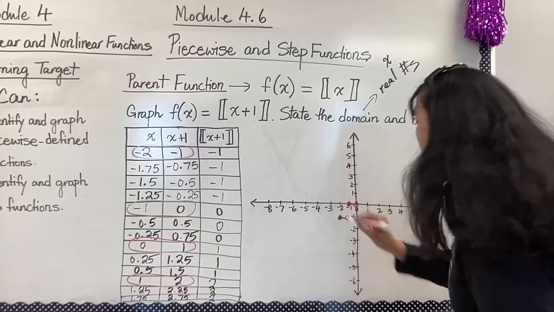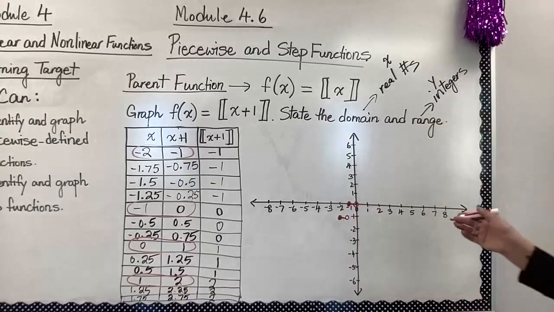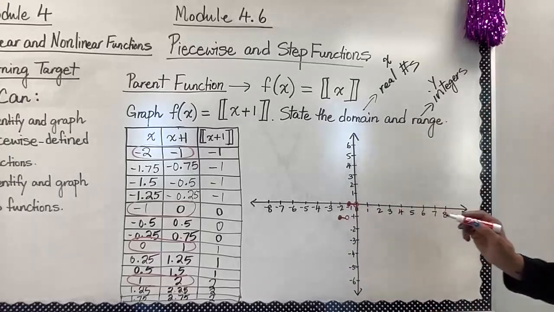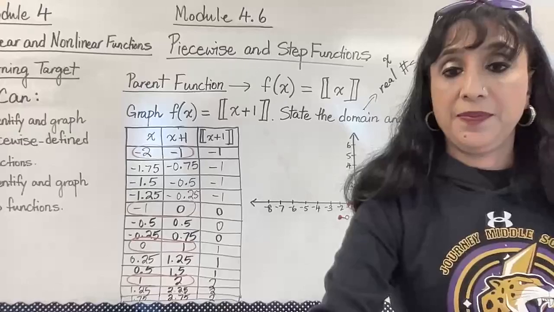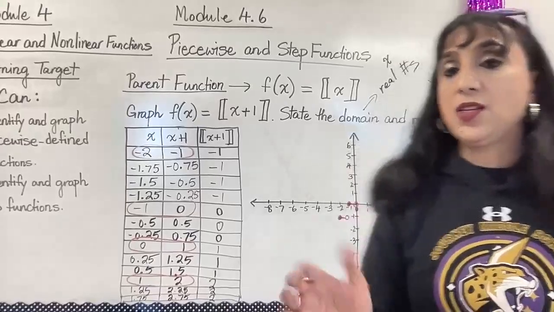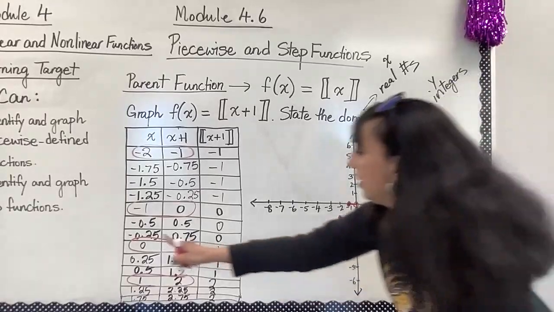So this is closed and that is open. And then now we can see that is going up in the step. We have 0 and we have 1. Okay, so we have 0, 1, and so we know that 0, 1 is here, and this is what I'm graphing.